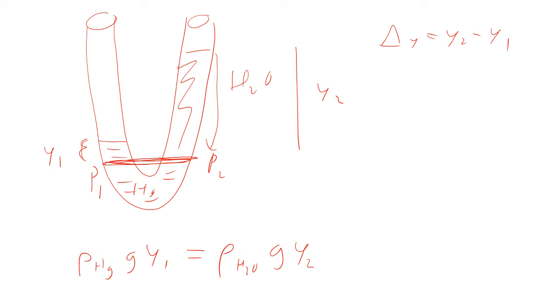Okay. All right. So the g's cancel here. And so what we find here is that Y2 is going to be rho of the mercury divided by rho of the water times Y1.